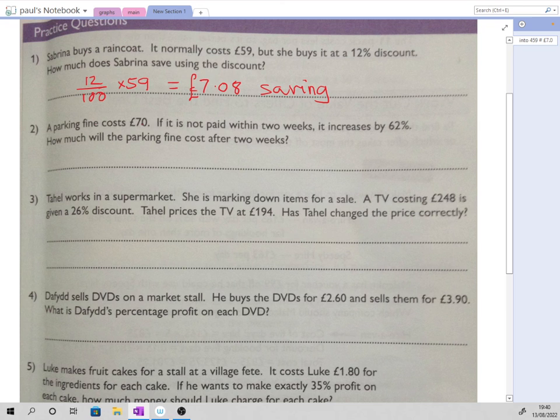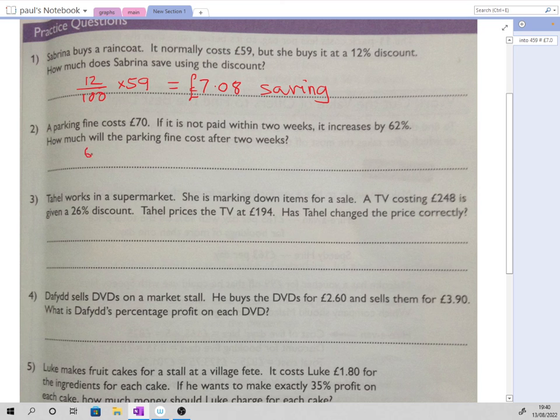Parking fine costs £70. If it's not paid within 2 weeks, it increases by 62%. How much will the parking fine cost after 2 weeks? So we've got to find 62% of that and add it on.